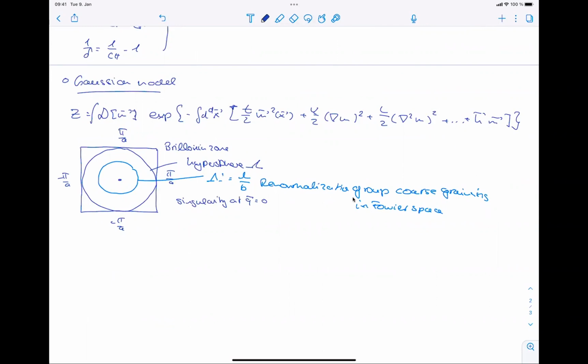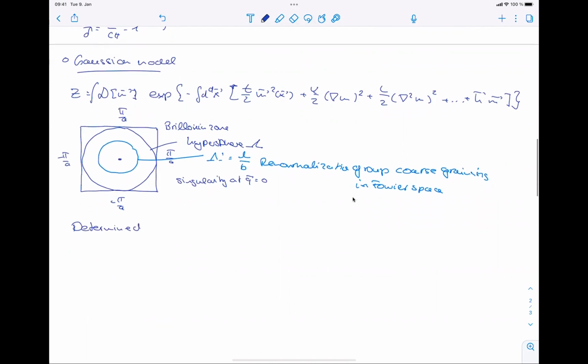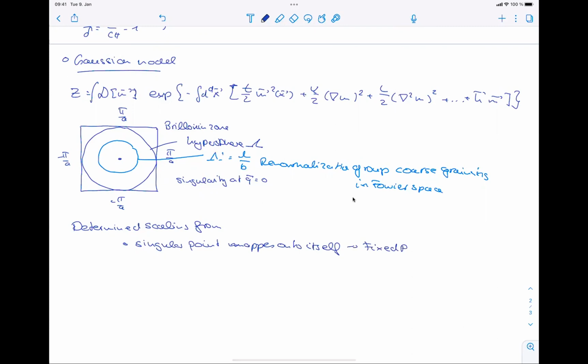And from the renormalized partition function, we then determined the scaling from the two assumptions, namely that the fixed point, the singular point, maps onto itself, and that the Hamiltonian stays invariant.